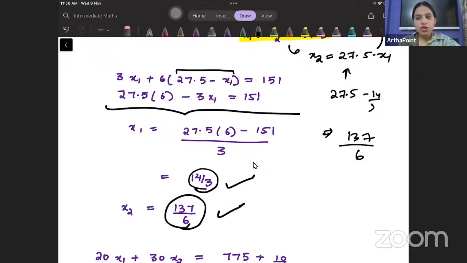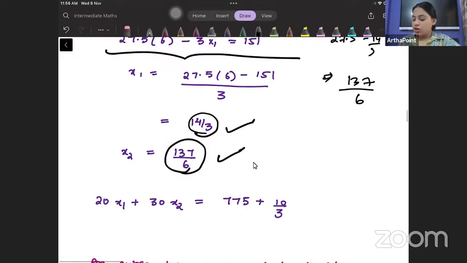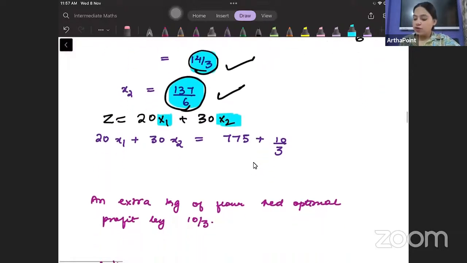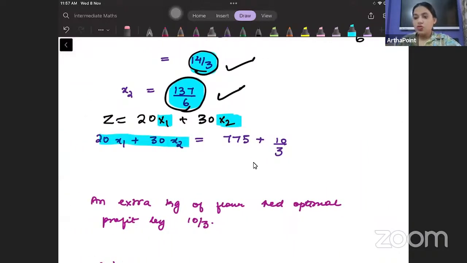Beta, what was your objective function? क्या था objective function? It was z is equal to 20x1 plus 30x2. I have already got new x1, x2 यहाँ पे 14 by 3 and 137 by 6. So when you will put 14 by 3 here and 137 by 6 here, you will get the new objective function का जो value आएगा, वो आएगा 775 plus 10 by 3.